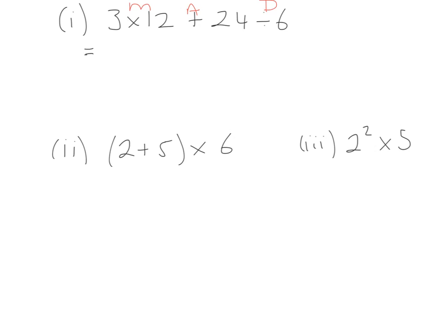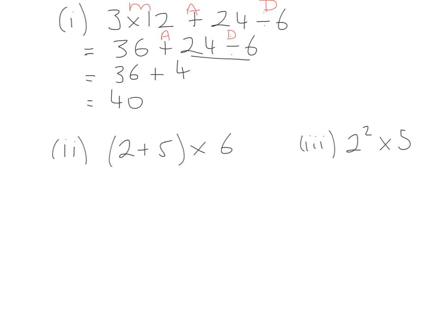So we're going to do 3 multiplied by 12, which gives you 36, plus 24 divided by 6. Again, let's label everything. So we've got addition and division. Well, division appears first in my BIMDAS triangle, so that's going to be 36 plus 24 divided by 6, which gives me 4, and then finally 36 plus 4 gives me 40.